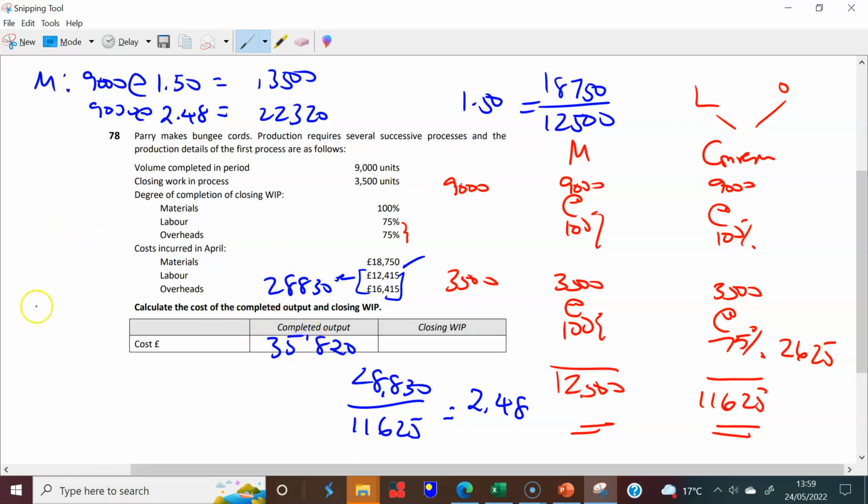As far as my WIP is concerned, I have 3,500 units that are complete in terms of material, so that is 3,500 times £1.50.